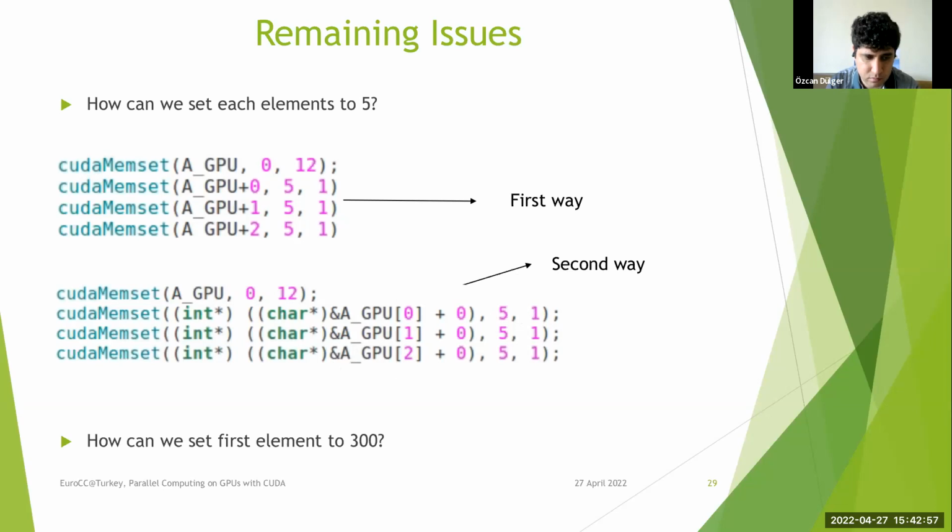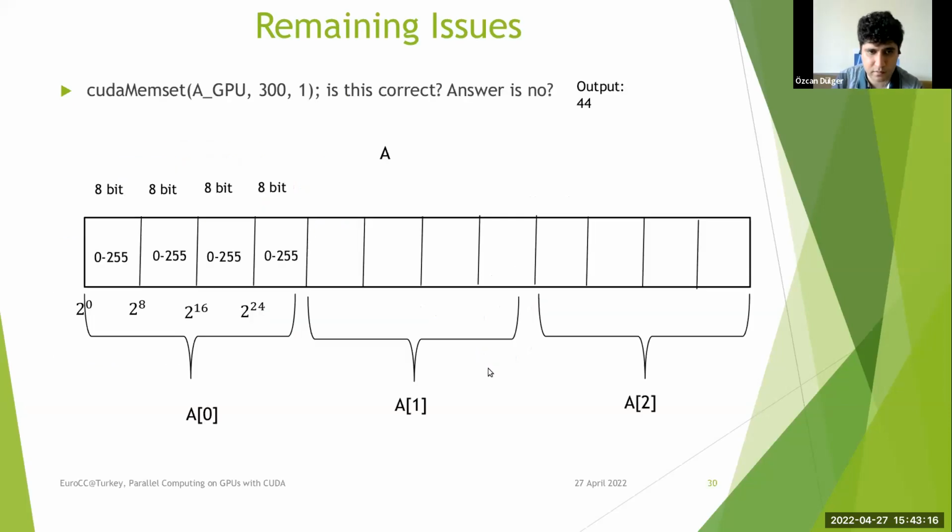Okay, so let's continue with another example. Now the question is, how can we set the first element to 300? We are now focusing on the first element. Each byte consists of 8 bits.